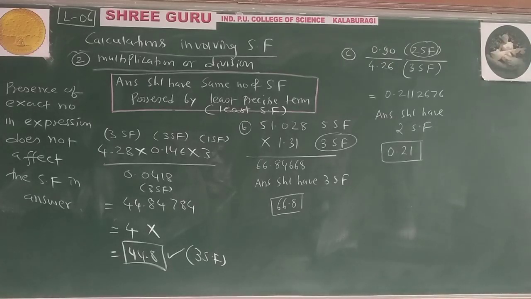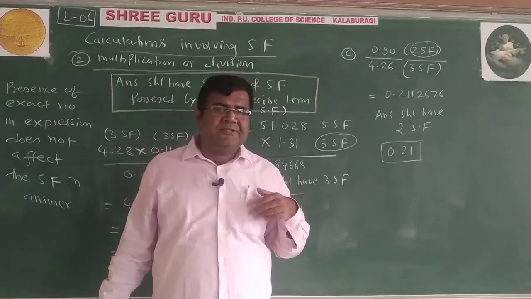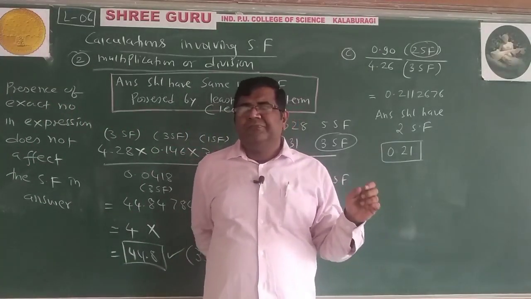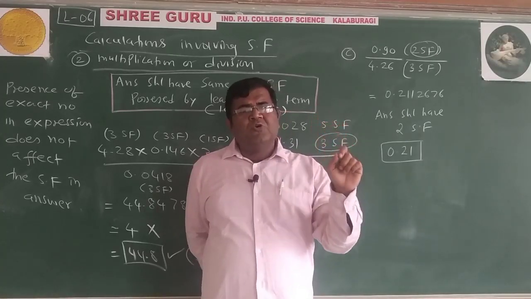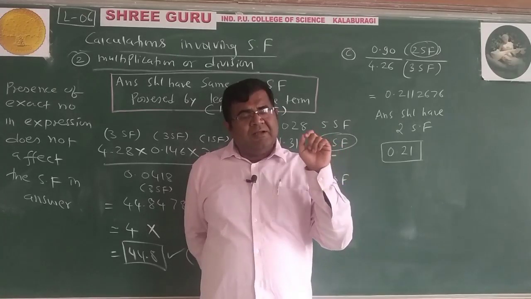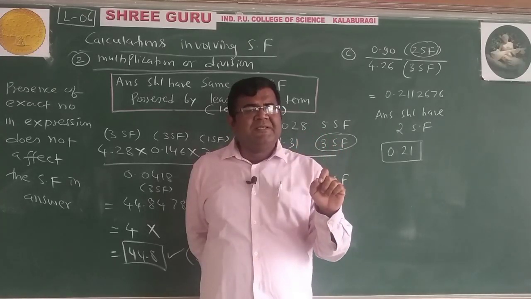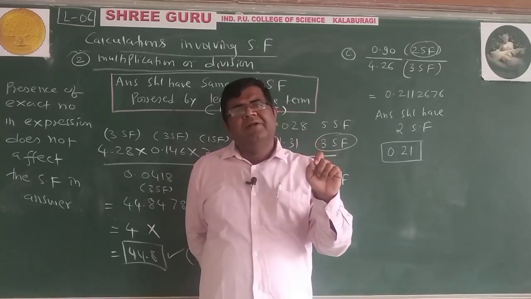I hope that you are understanding the rules of addition, subtraction and multiplication and division. Addition, subtraction: for those numbers which we have to add, see the decimal places, identify the decimal places, and the answer should also be reported to only that many decimal places.